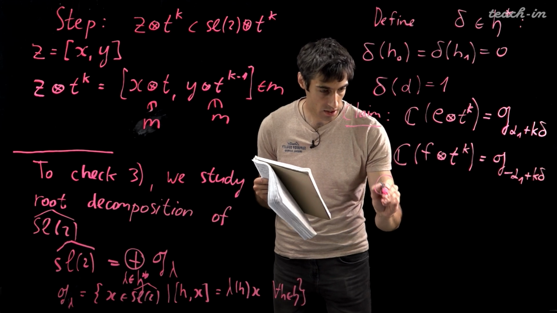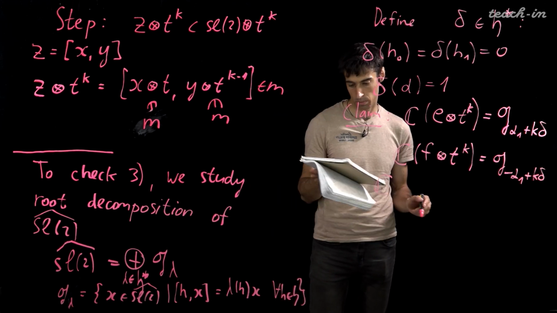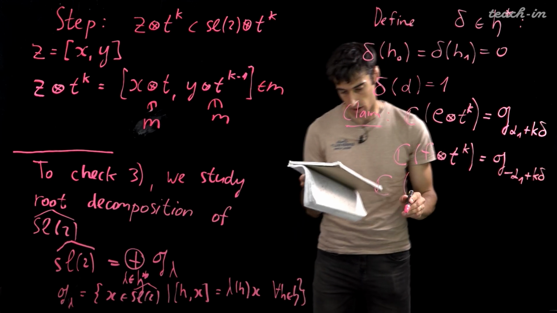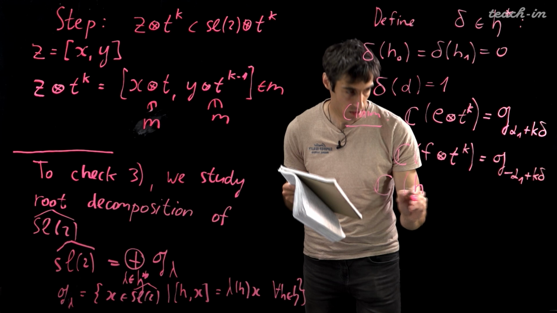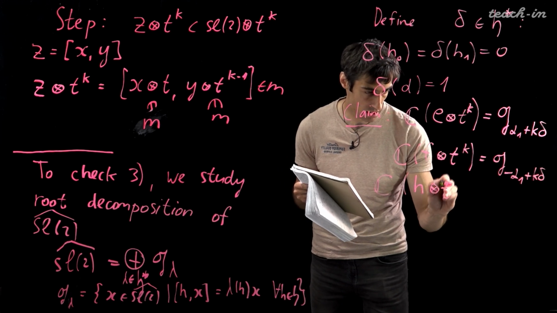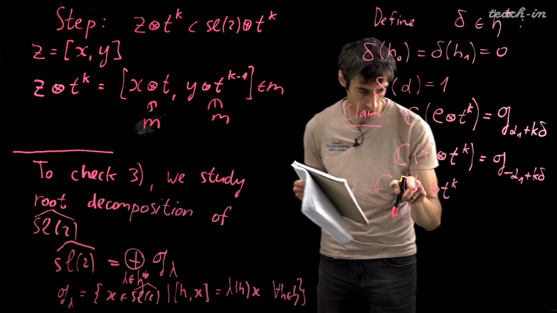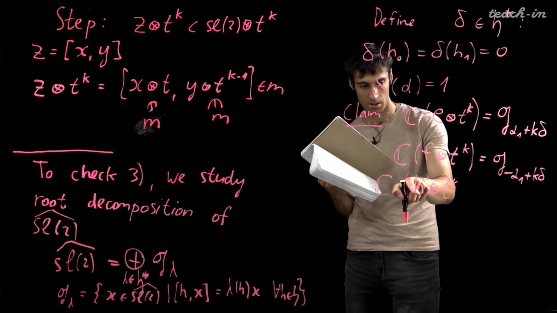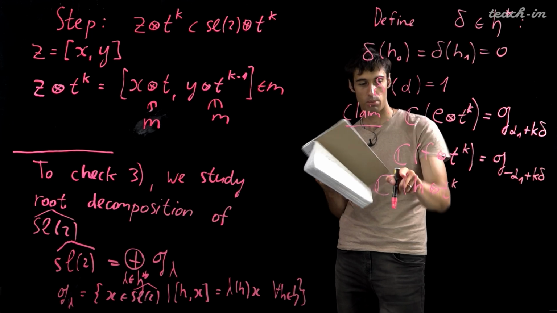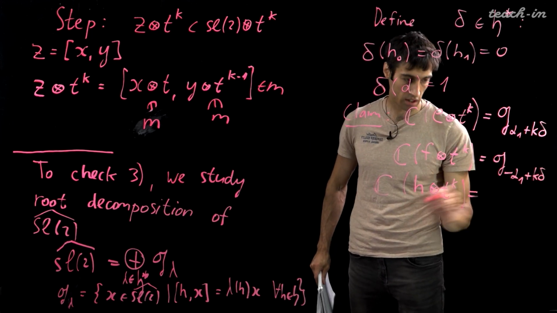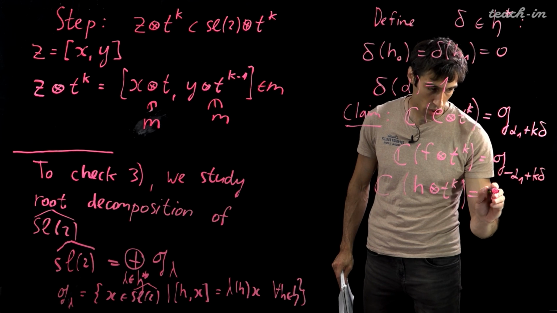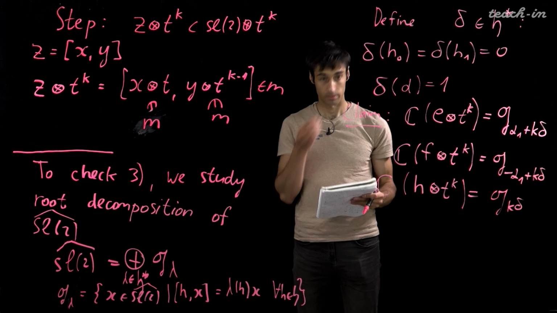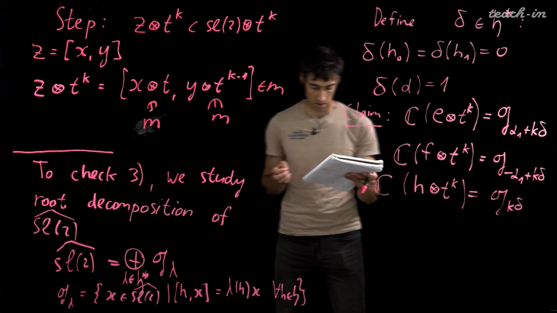And then if I consider the weight subspace spanned by H tensor T^k, where this H is just the usual H, not a subspace but an element from the standard basis of SL2, this is G of k delta.